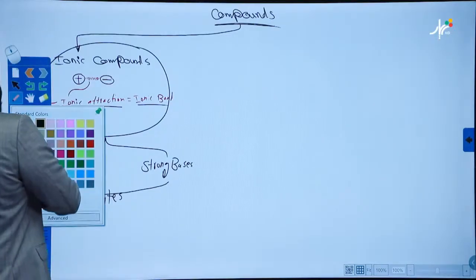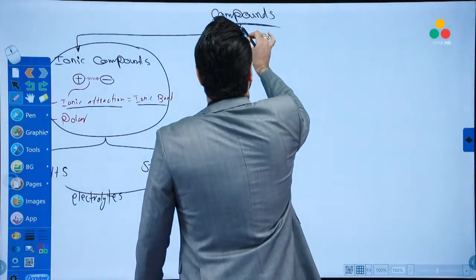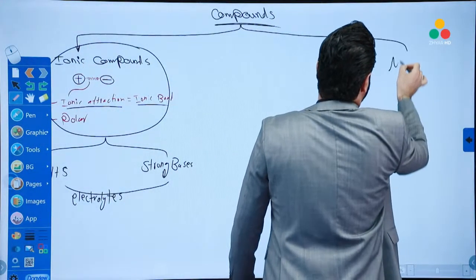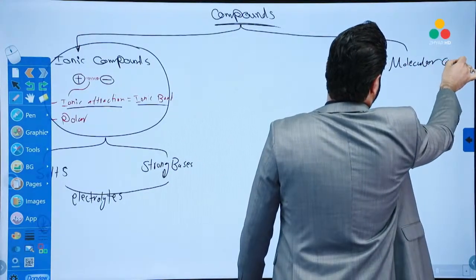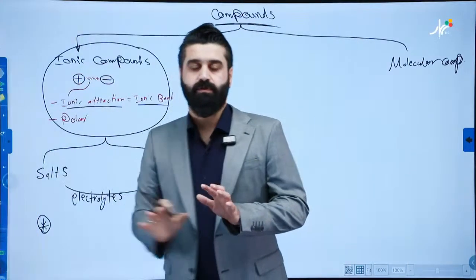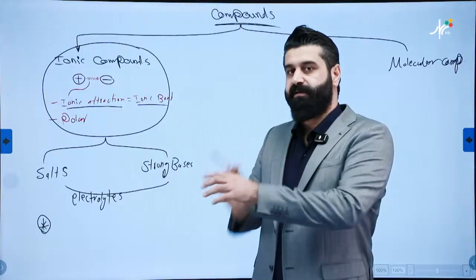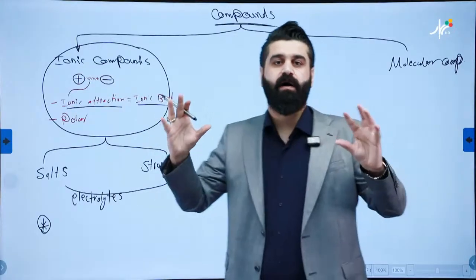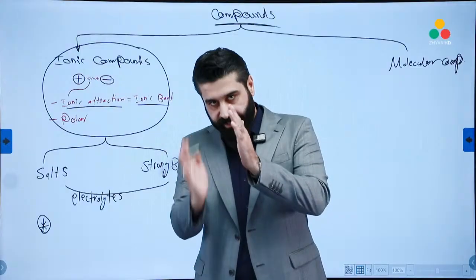Okay. The second class of the compound is called the molecular compounds. Look, compounds are classified into molecular or ionic. For the ionic, there is a cation and anion, both assembled together through the ionic bond, which is also called ionic attraction.